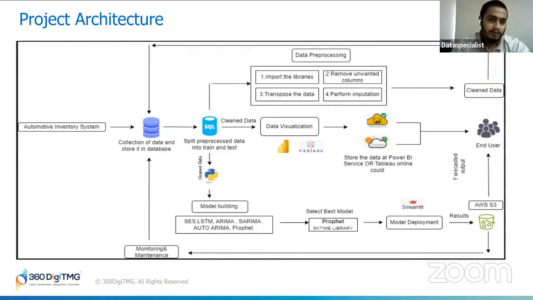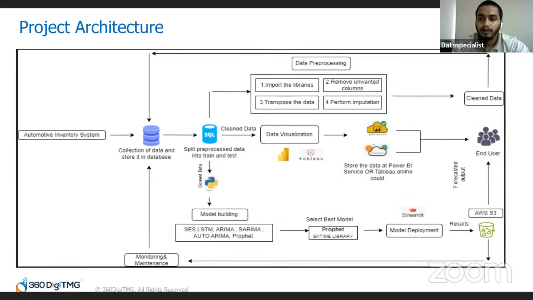So the first step is that the data will come from a client, maybe from a different server or maybe an S3 bucket, whatever it is. First of all, we will store that in a database, which is SQL.